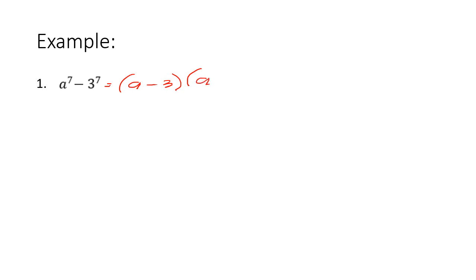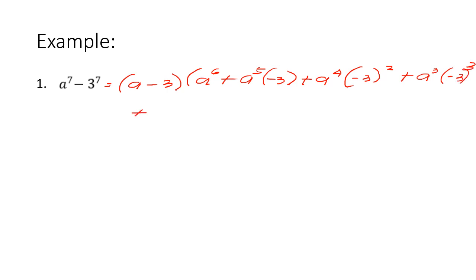So you have a raised to, first write the first term, so a raised to 6, plus a raised to the fifth times the second term, which is negative 3, plus a raised to the fourth times the second term raised to 2, plus a raised to the third power times the second term raised to 3, plus a raised to the second power times the second term raised to 4, plus just a raised to 1, so I just write a here, times 3 raised to the fifth.